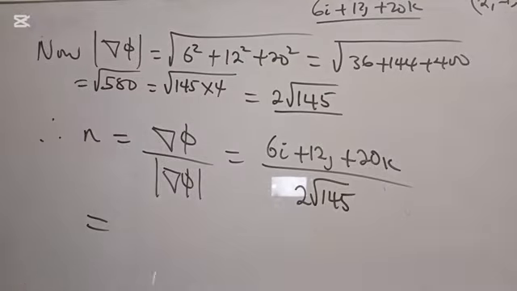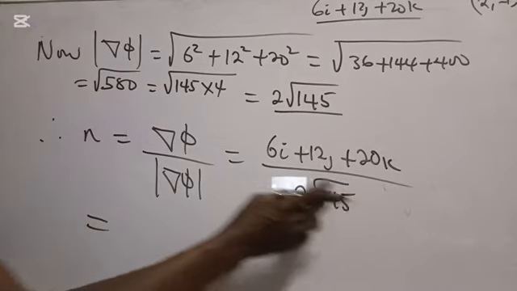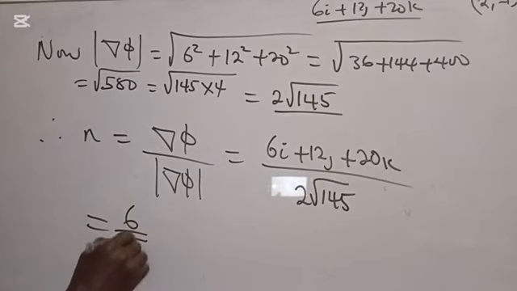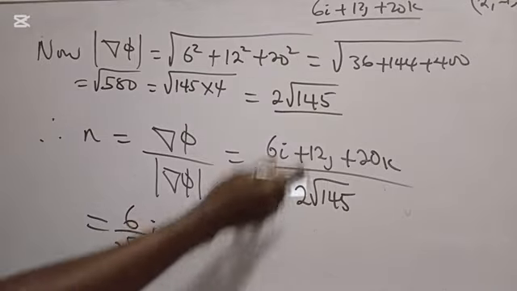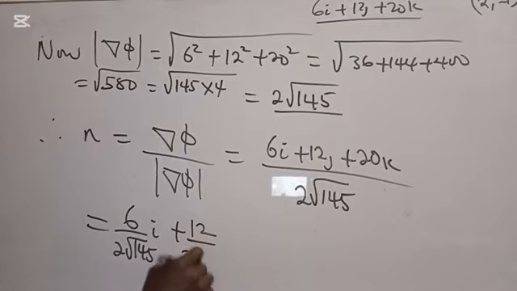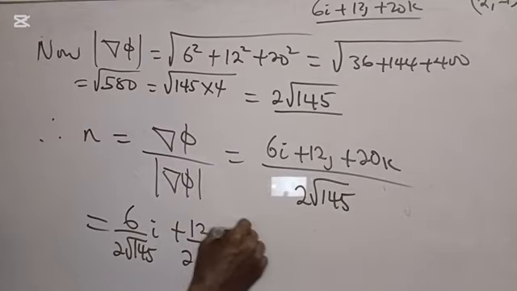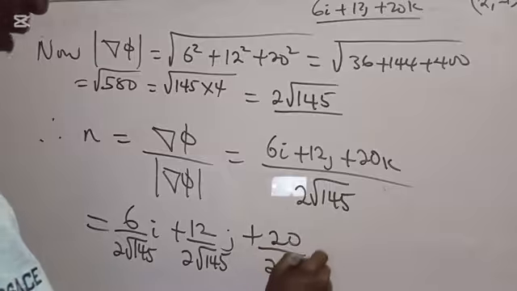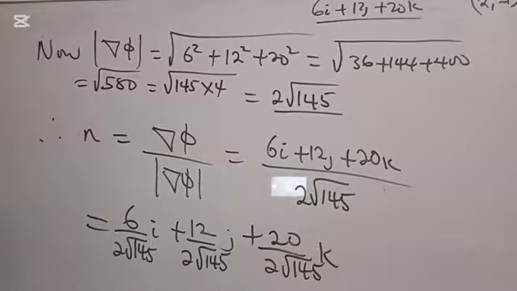This 2 root 145 is for all of them, so we divide each of them: 6 over 2 root 145 i, plus 12 over 2 root 145 j, plus 20 over 2 root 145 k.